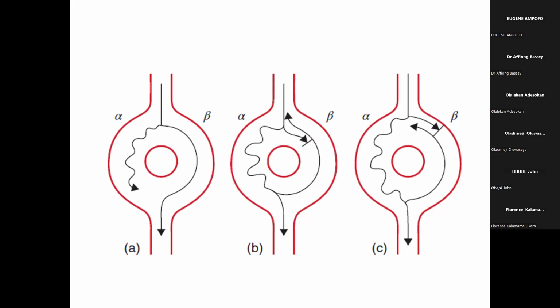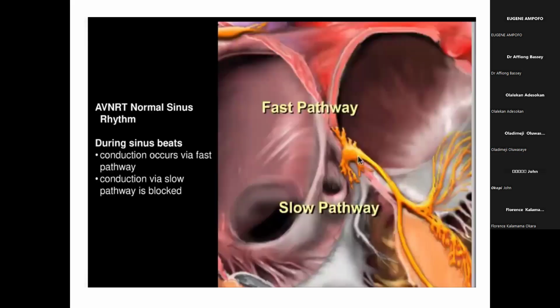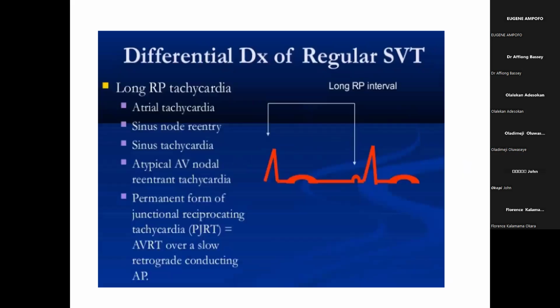Hope this is clear. So that's why under our differentials here, you would see that a long RP interval will be more of atypical AV nodal reentrant tachycardia. That is the slow pathway tachycardia. Is that clear?